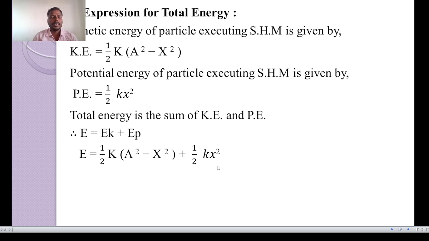Therefore, total energy E is equal to 1 by 2 k in bracket a square minus x square bracket complete plus 1 by 2 k x square. So finally I can write the total energy is equal to 1 by 2 k a square. We know that k is equal to m omega square. So we can write total energy is equal to 1 by 2 m omega square a square.